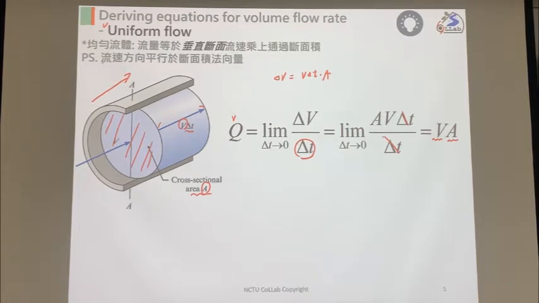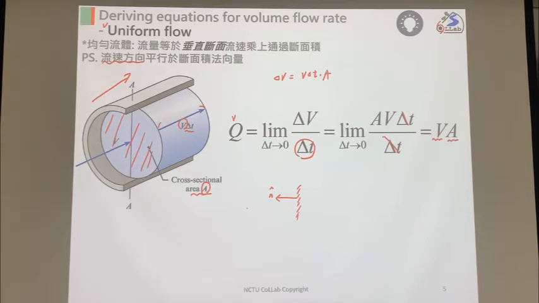The velocity direction is always parallel to the normal vector of the cross-section area. Okay, that means this is your cross-section, and the normal vector of the cross-section is in this direction, right?